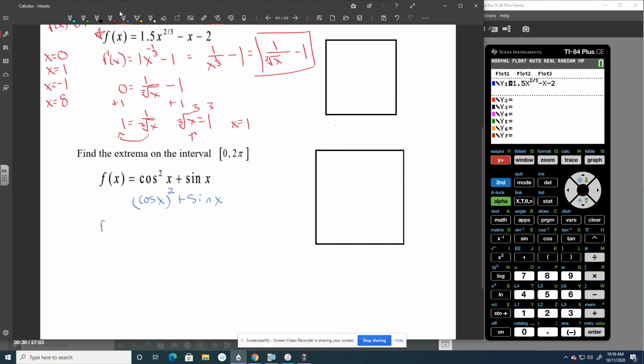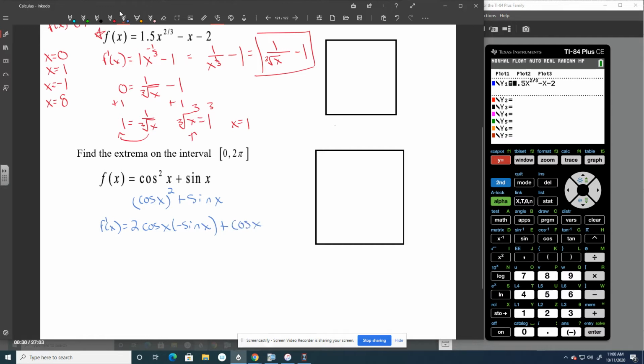So when I take the derivative, f prime of x, I bring the 2 in the front, and I get cosine of x. So I do the outside derivative, and then my chain rule tells me I have to multiply by the derivative of the inside, which is negative sine of x, because the derivative of cosine is negative sine. And then I'm going to add the derivative of sine of x, which is cosine of x.